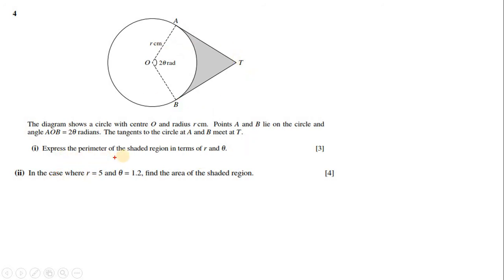Express the perimeter of the shaded region in terms of r and theta. Okay, so the perimeter of the shaded region in terms of r and theta, that means AT, TB and arc length BA, or arc length AB plus BT and plus TA. So this is the perimeter of the shaded region.